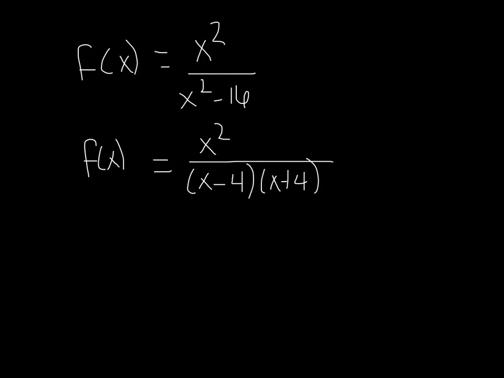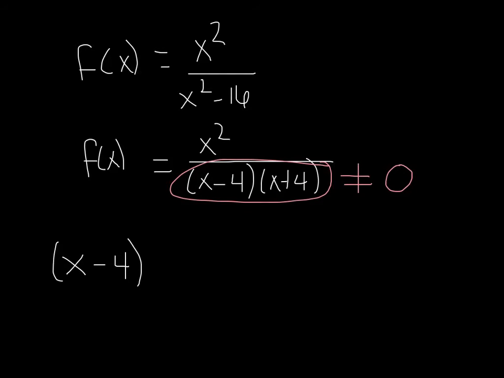So following the last example, we know that this whole value right here cannot be 0. So when I rewrite it here, this is the not equal to that I'm solving. x plus 4 times x minus 4 cannot be 0.